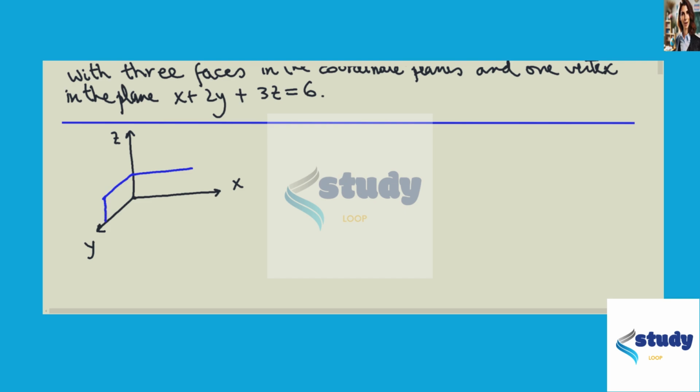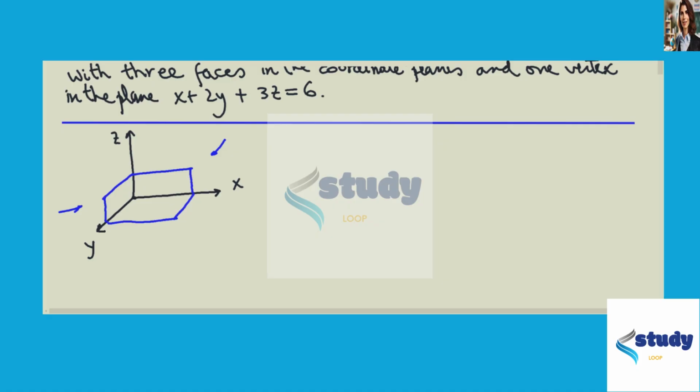So we have this face here in the plane yz, and this other face will be in the plane xz, and the third face we have in a coordinate plane is in the plane xy. So we get this face here, something like this.